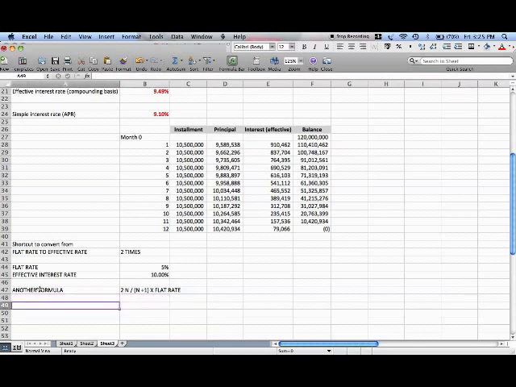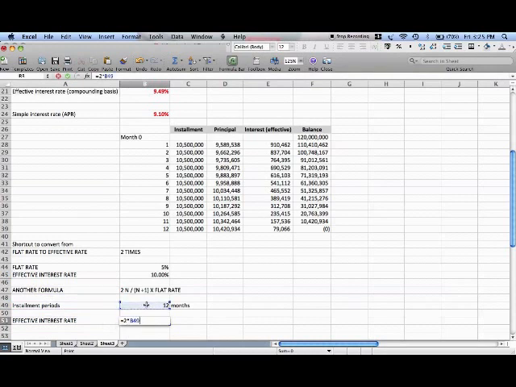So in this case, your installment period is 12 months. So for your effective interest rate, it is 2 times 12 months, divided by 12 months plus 1, and then times your flat rate.